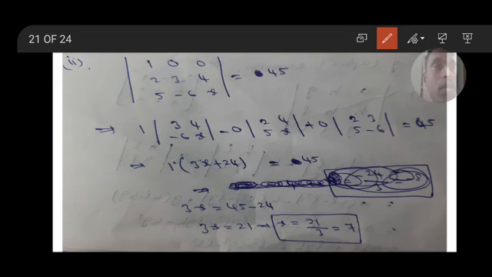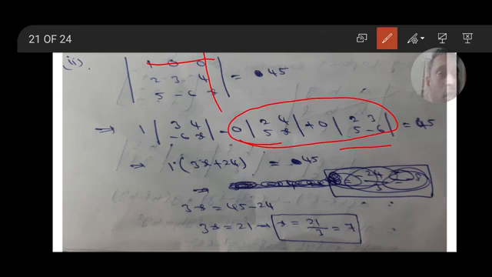Next, plus 0 into its minor means 2, 3, 5, minus 6. Okay, these two elements are zeros, so this total is 0. 0 into something is 0, 0 into something is 0, equal to 45.